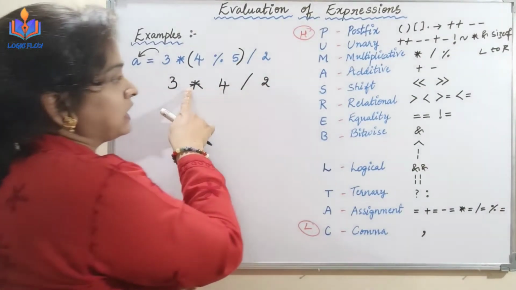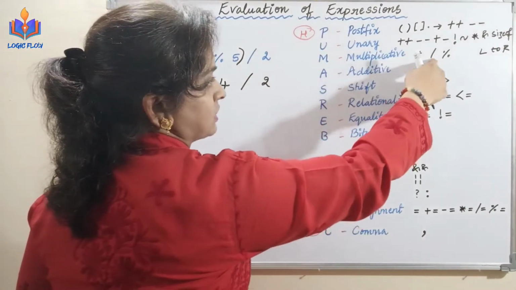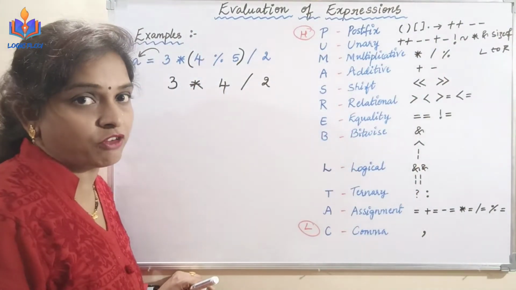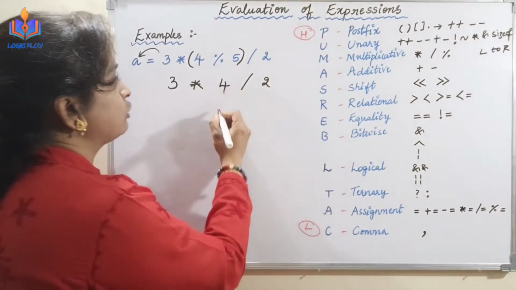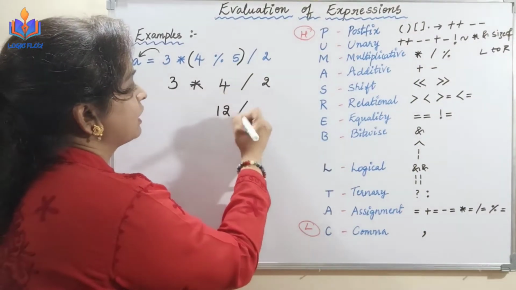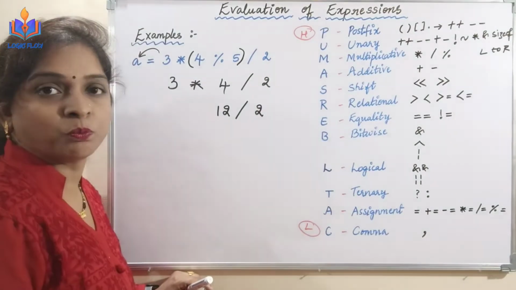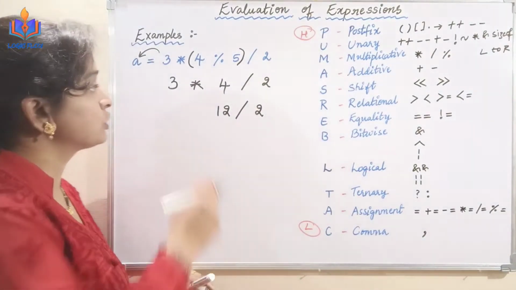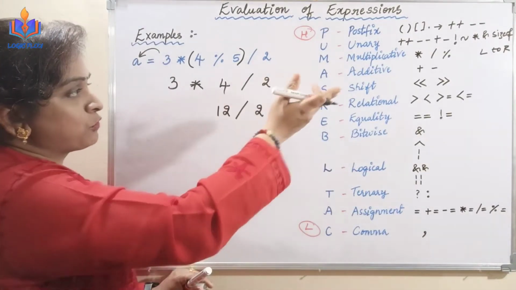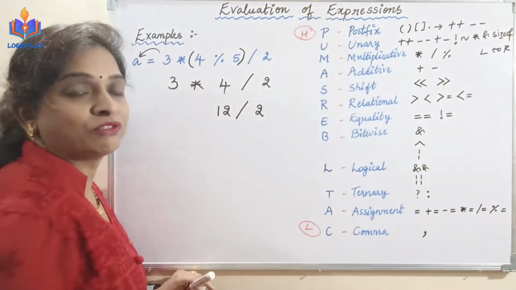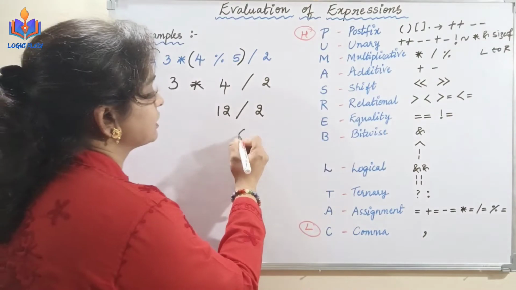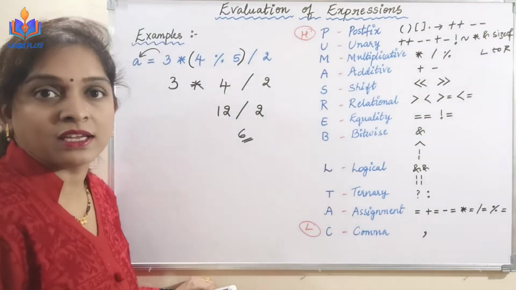Then we have multiplication and division, which have the same level of precedence, so evaluate from left to right. So 3 * 4 is 12, then 12 divided by 2. I did the multiplication first, left to right, and got 12. 12 divided by 2, what will be the quotient? It is 6. 6 will be my answer.